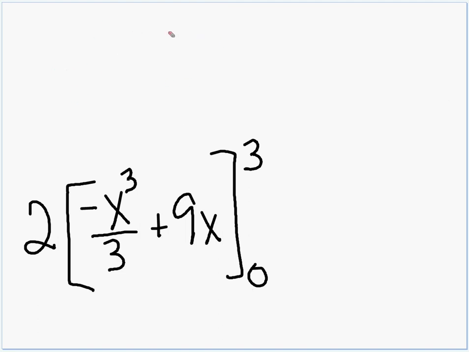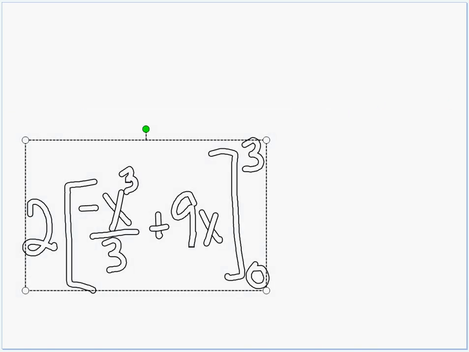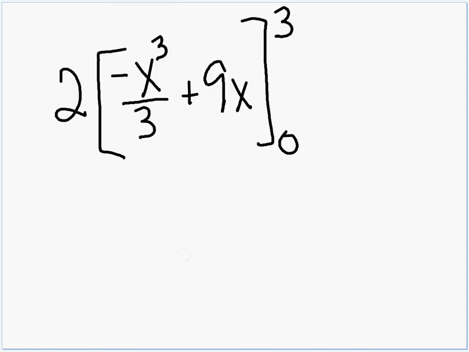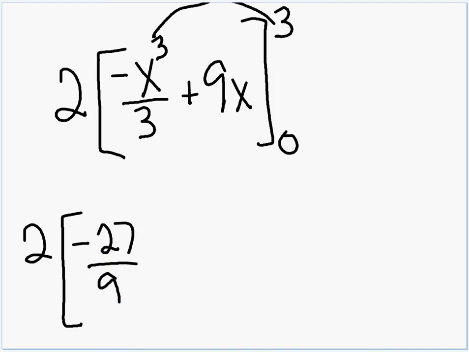Okay, so we've got our 2, and then the 3 jumps in. 3 cubed is 27, minus 27 over 9, plus 9 times 3 is 27. So there's our upper limit, all done, minus, if we plug in our lower limit, 0 cubed over 3 is 0, and 9 times 0 is 0.